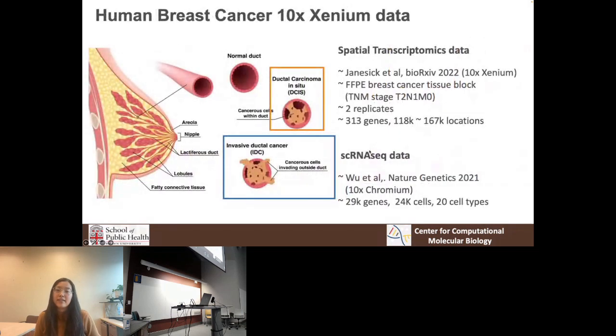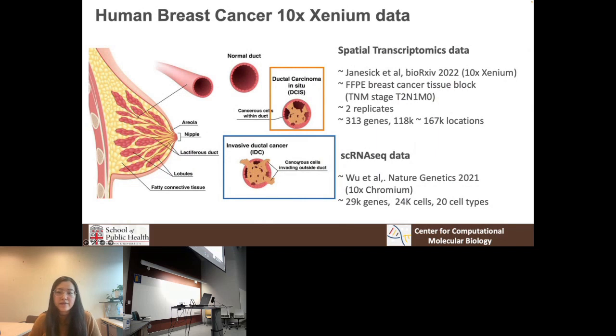The second data set is a publicly available human breast cancer 10x data set, and only IRIS can run analysis on this large-scale data, which contains more than 100K spatial locations jointly across 2 slices. Breast cancer is a heterogeneous disease with high intratumoral and intertumoral variation in histological and molecular features.